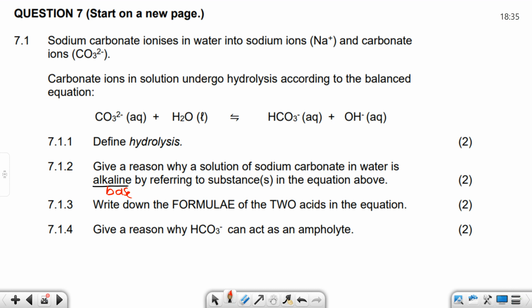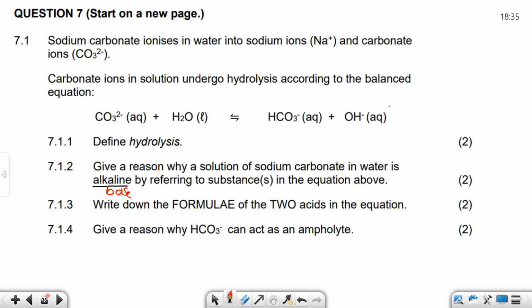Why do you think this is a base? This is a very important and interesting question. No, it doesn't receive electrons here. We cannot say it receives electrons. Use the reaction above. So this is actually asking you to define a base.